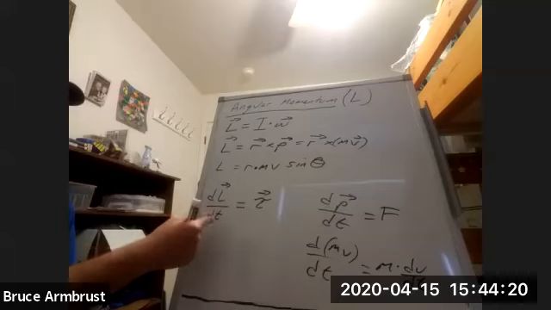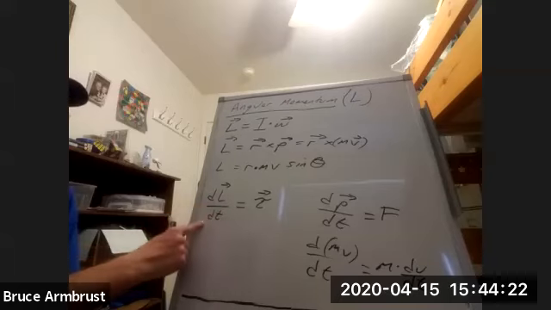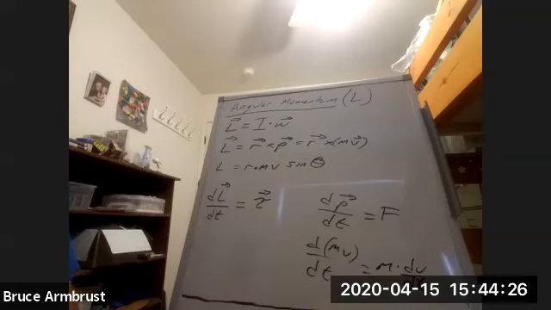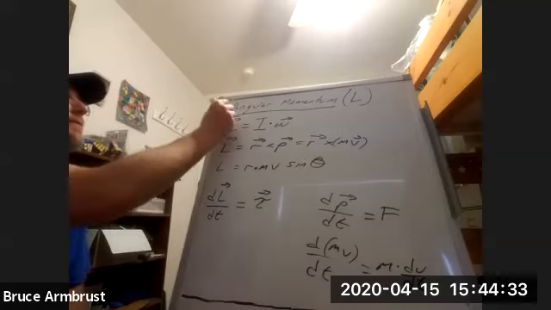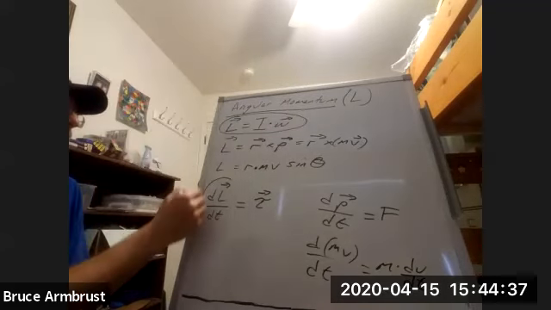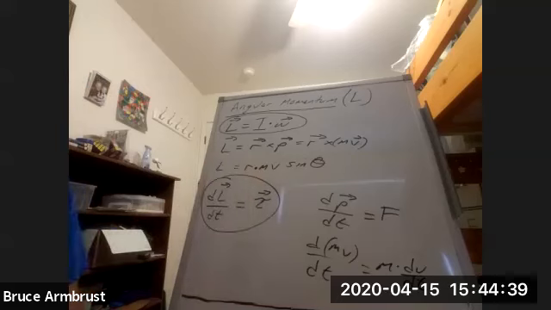Or alternatively, if you know the torque, you know that's a change in the angular momentum, and then you can apply that. All right, so the important ones to remember really are the first one and this last one. But again, they're exactly the same as what we saw with the linear quantities, just written in angular form.